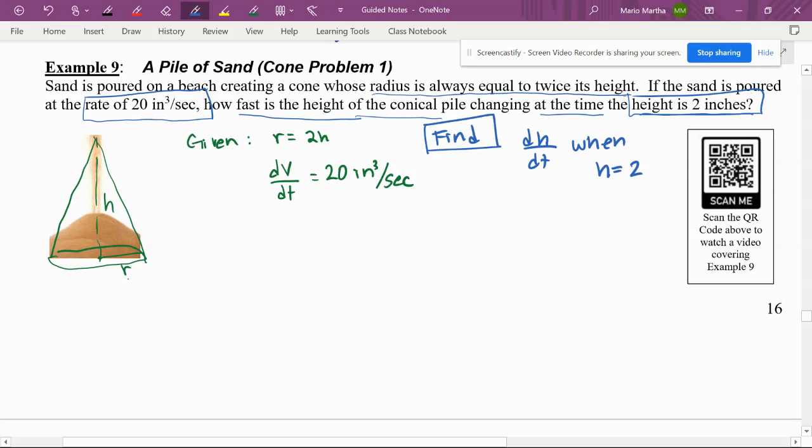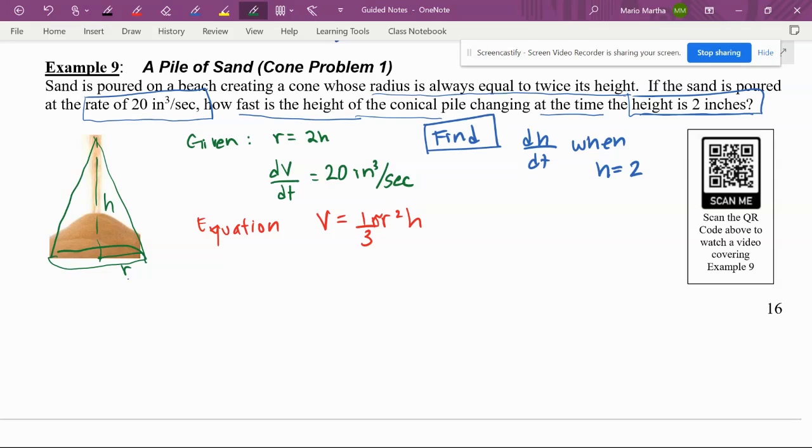All right. So here, since we have a volume, that means we're going to be using the volume formula for cones. And in this case, it's V equals 1/3 pi R squared times H. All right, so it's very important that we try to eliminate as many variables as possible so we can make our job a lot easier.